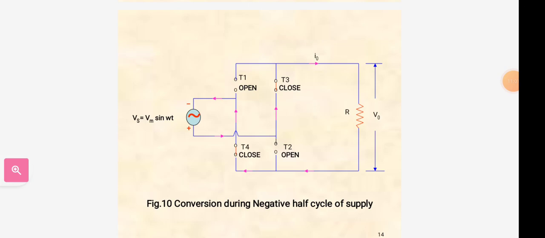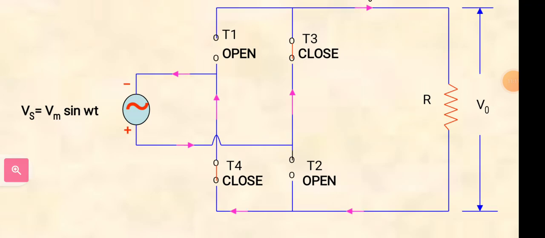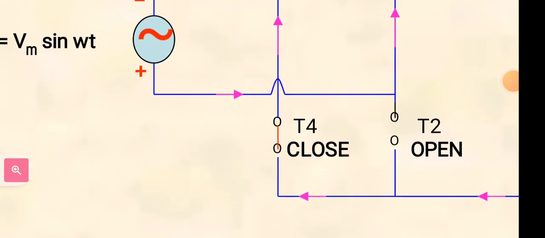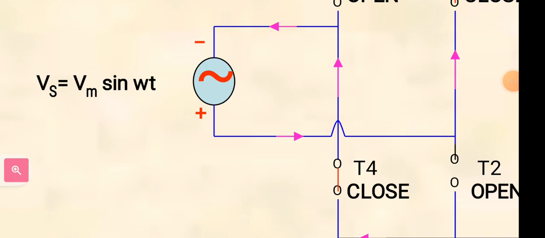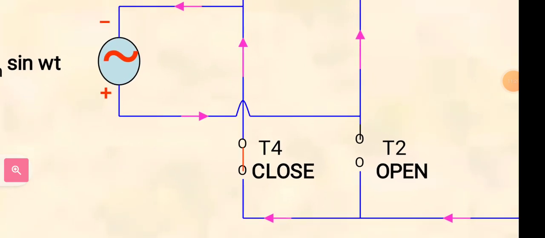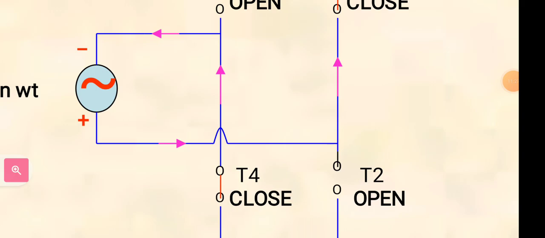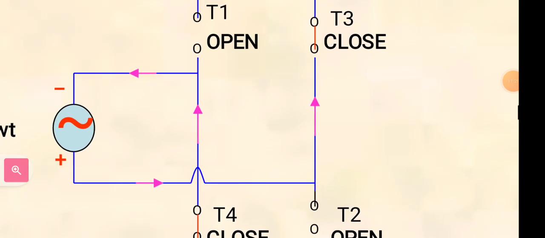So this is the conduction of the second wave, meaning in the negative half cycle. The current will flow from the bottom of the supply voltage to T3. Here T2 will be open and T1 will be open.